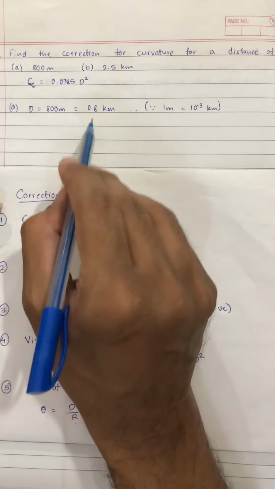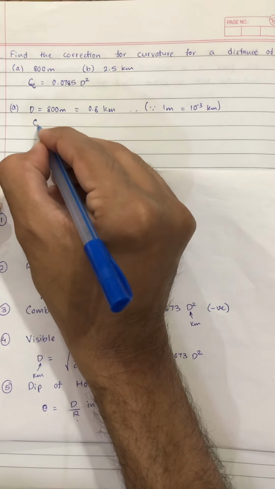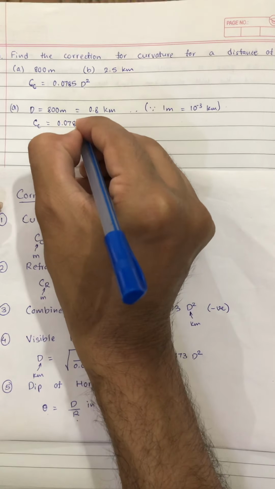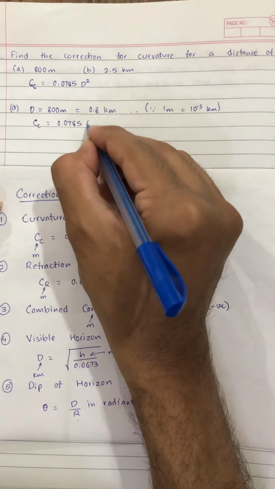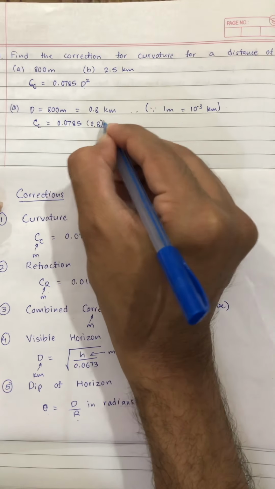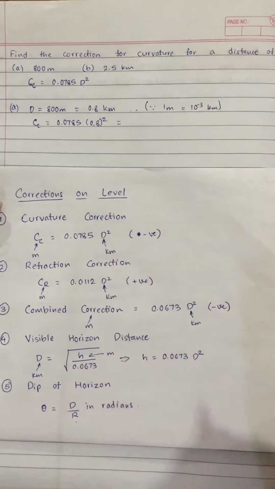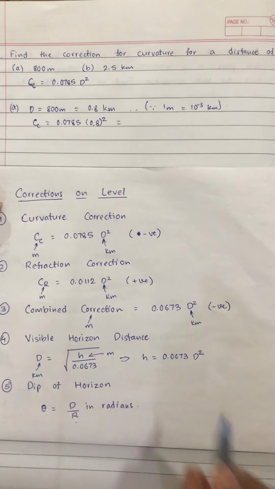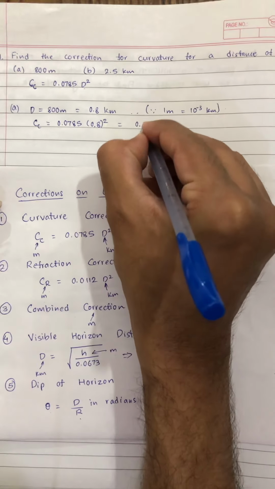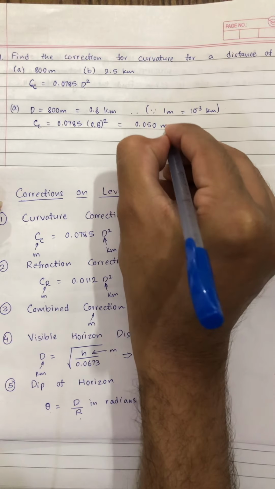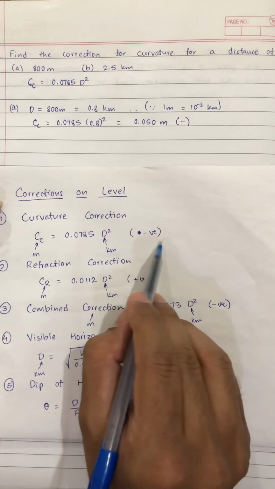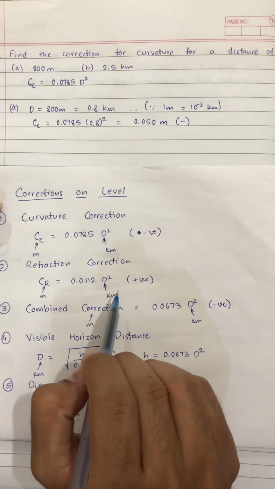So if we substitute this value, then we get Cc is equal to 0.0785 into 0.8 square. The value of Cc comes out to approximately 0.050 meter, and this value is always negative. The curvature correction value is always negative.